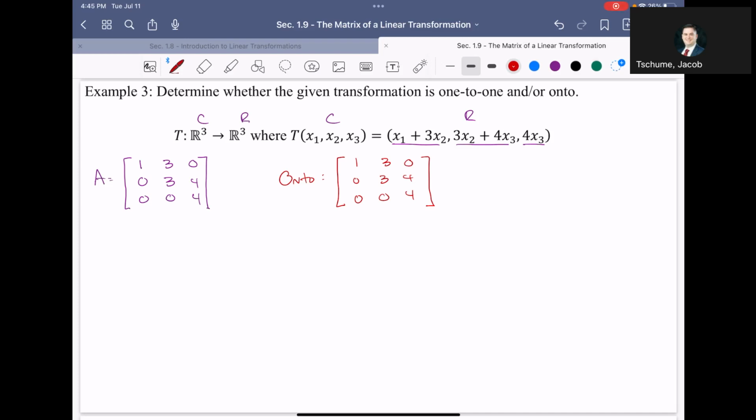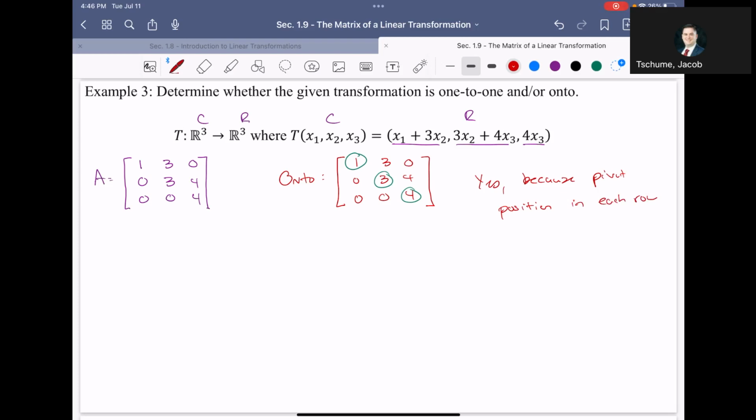I did that on purpose to let you see this. As I circle them, hopefully you recognize that there is a pivot position in every single row of the echelon form of this matrix. So immediately I can answer the second part of this question. Is it onto? Yes. And if it ever asks you the reason, it's because there is a pivot position in each row.